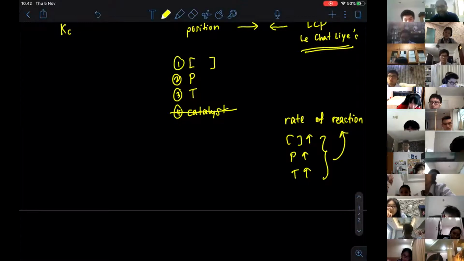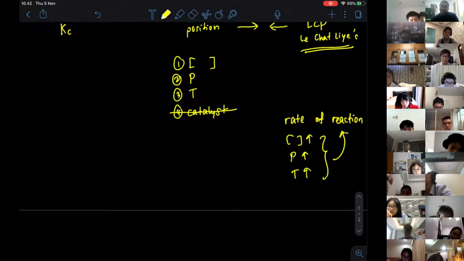How does it apply when it comes to a reversible equation? We know the position of the equilibrium will shift according to all this. But when it comes to rate of reaction, high concentration, high pressure, and high temperature will make the reaction faster. To be exact, the speed of both forward and reverse will be faster.